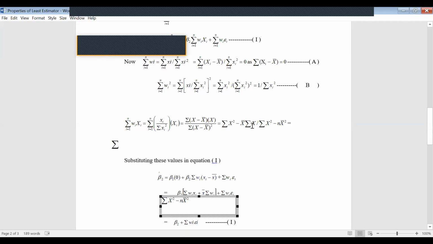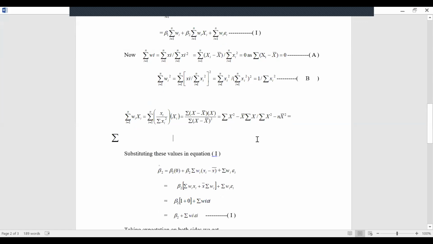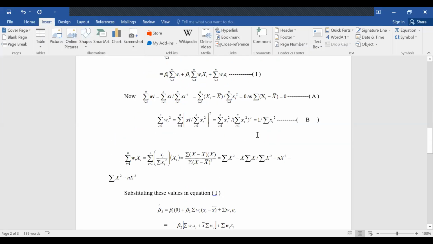Now by putting nx bar instead of summation xi, we have minus nx bar and divided with the same term of this one, summation x square minus nx bar square in the denominator.